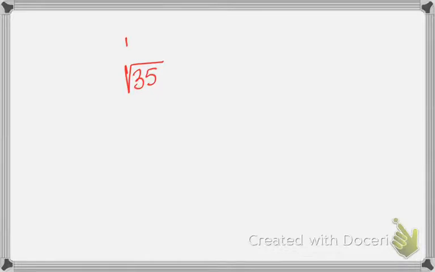The square root of 35 falls between the square root of 25 and the square root of 36. To me, this seems much easier to just estimate it. I can estimate it pretty close to almost the nearest tenth, but I want to show you how we do this. So we know that it's somewhere between 5 and 6, so we go with the lower number.